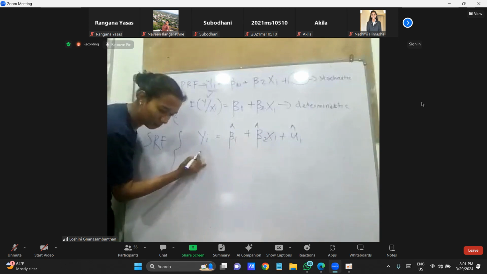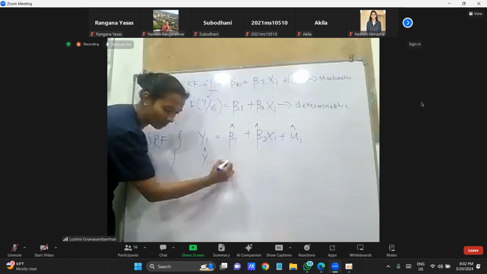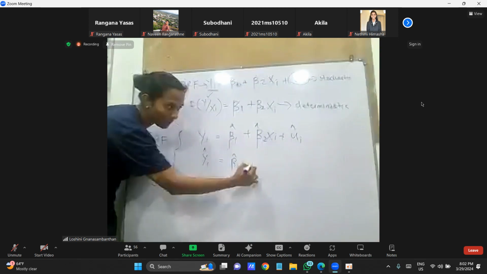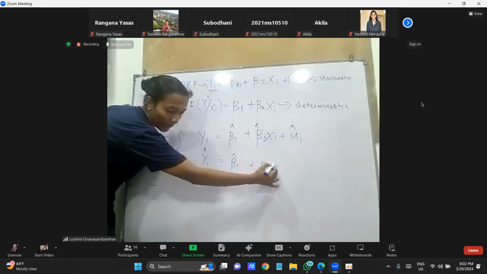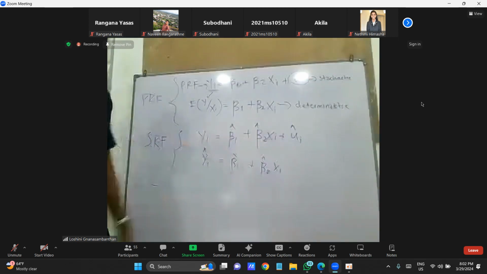Then the non-stochastic version is Yi hat equals beta 1 hat plus beta 2 hat Xi.